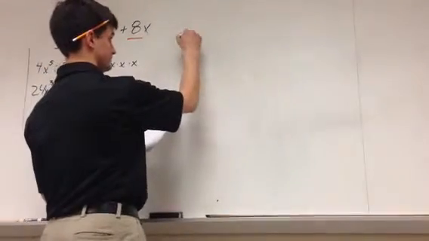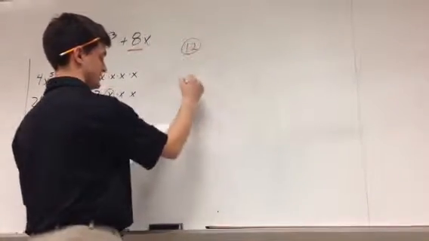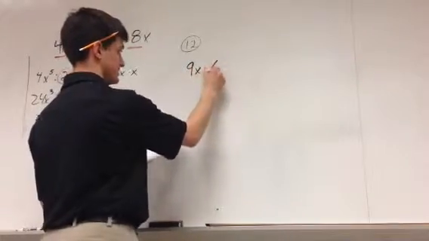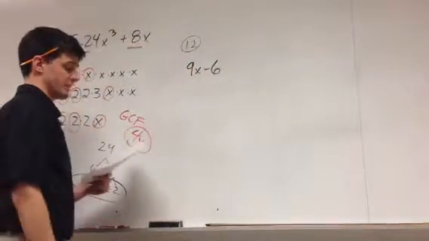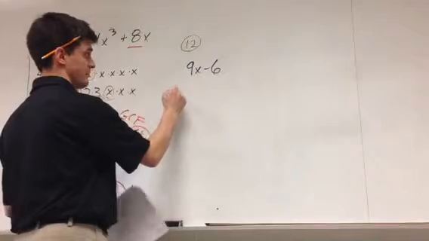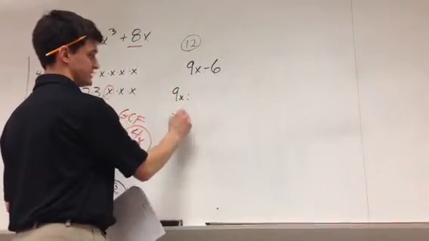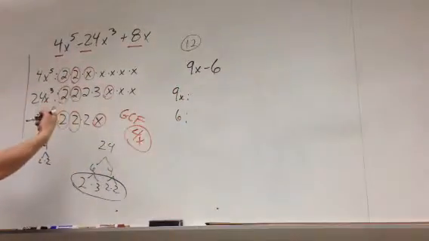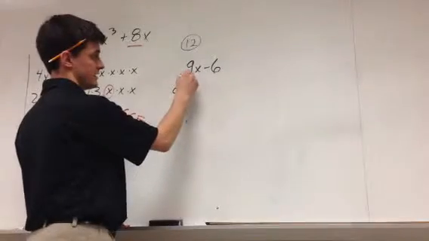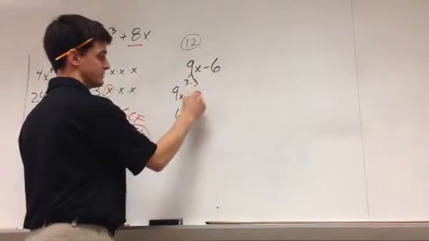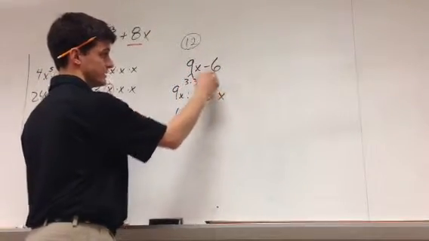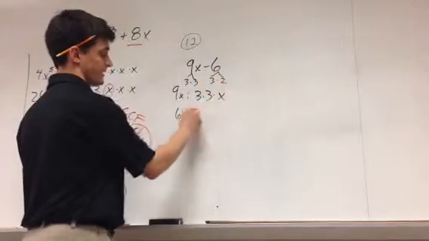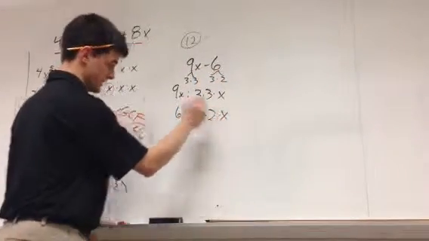And here's 12. It's 9x minus 6. So you have to find the greatest common factor of these terms. 9x and 6. So we write out the factors like we did before. 9 is 3 and 3. So it's 3 times 3 times x. 6 is 3 and 2. So it's 3 times 2 times x.